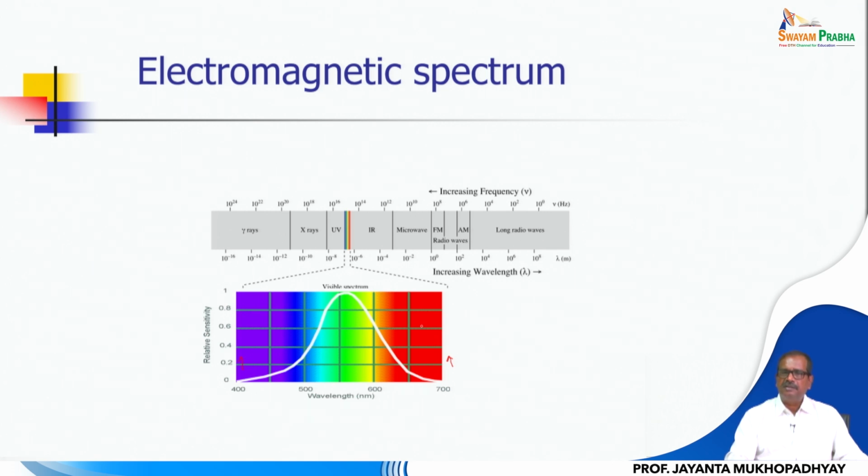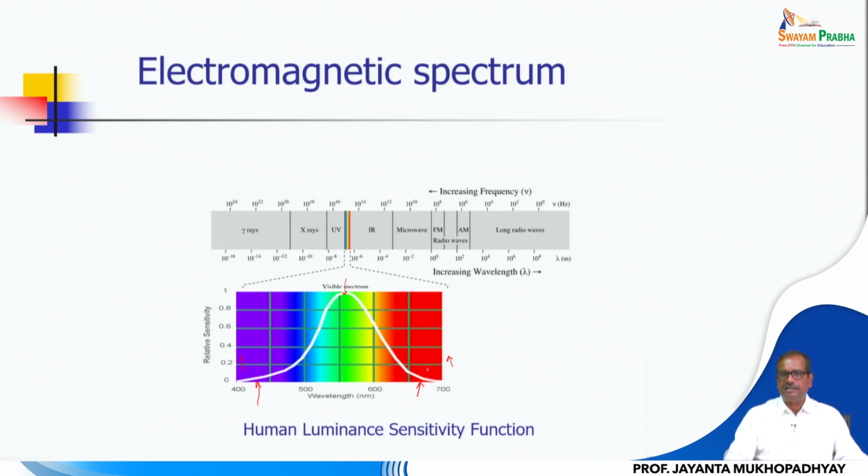So, the response is not the same for every electromagnetic wave. We call it the relative visual sensitivity of our visual system for different spectral bands. Here we can find that it is more sensitive towards the green zone, whereas for the blue and the red zone, it is less sensitive. We will understand it further.